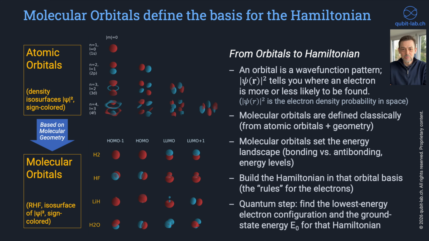In practice, we first determine the molecular orbitals classically, and then we build the electronic Hamiltonian in that orbital basis. These orbitals define the basis, and the Hamiltonian defines the rules of the electron problem. The quantum algorithm then uses that Hamiltonian to estimate the lowest energy many-electron state and its ground state energy for those given orbitals.